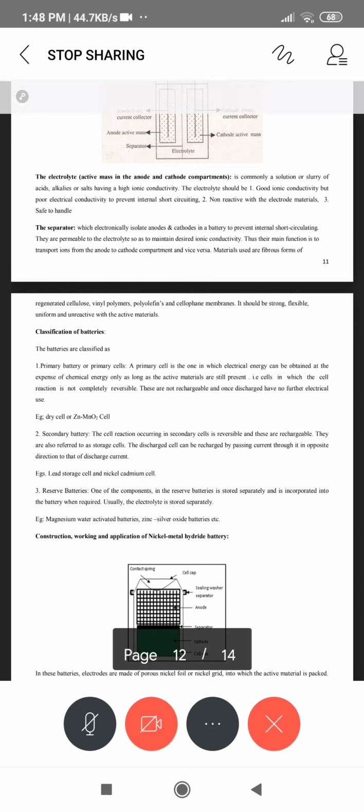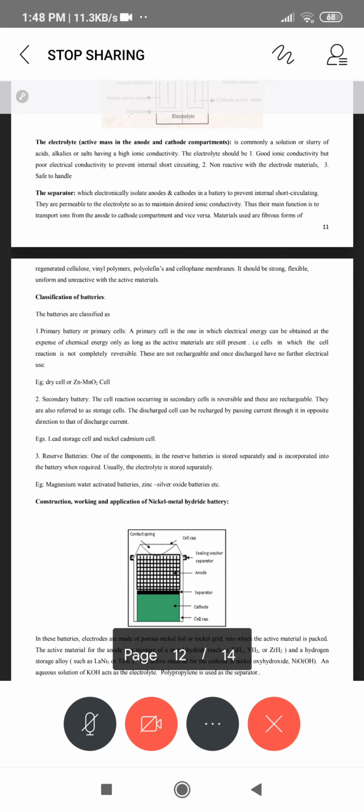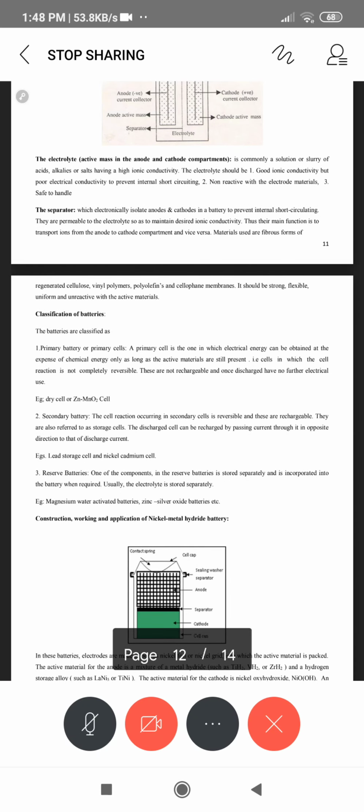In very simple words: easy oxidation, increase the oxidation number, more ions will be liberated. More ions means more coulombic output, so good conductivity takes place.